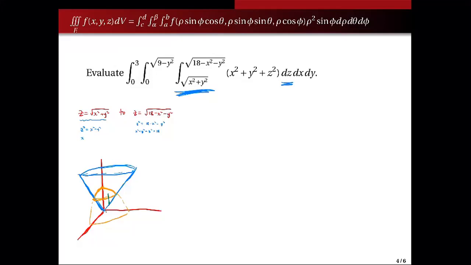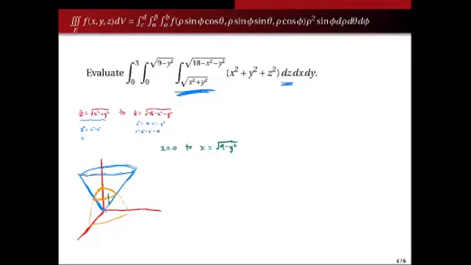But let's try to do the conversion. Remember that your z is something like this. Let's check everything first. So you have that for your z. For the x, we have x equals 0 to x equals square root of 9 minus y squared.